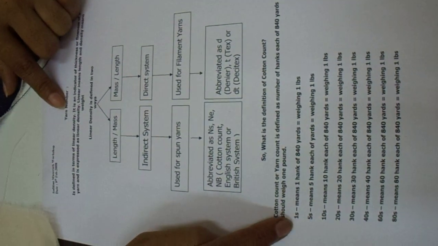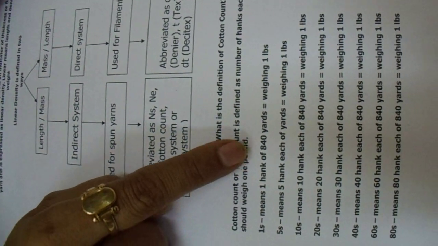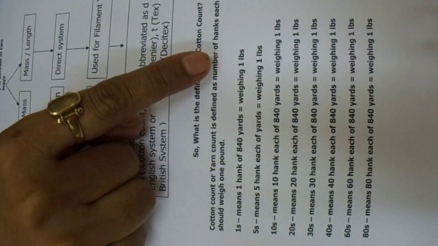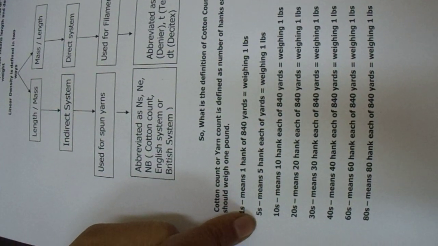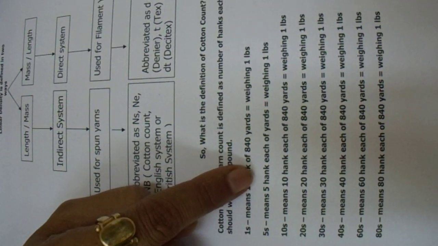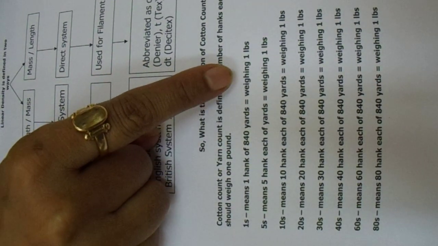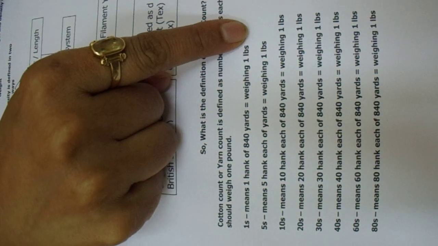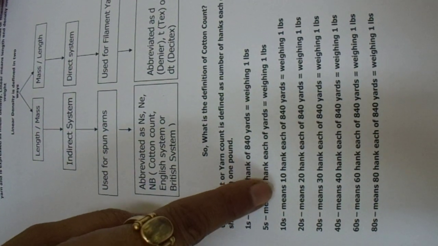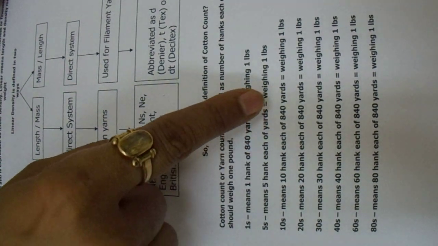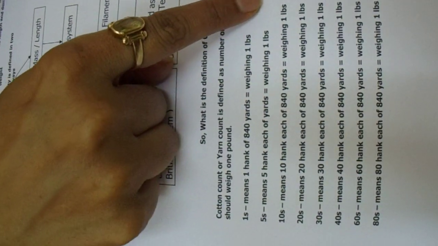If the yarn count is 1s, this means one hank of 840 yards is weighing 1 pound. If we say the yarn count is 5s, this means 5 hanks each of 840 yards is weighing 1 pound. If I say 10s, it means 10 hanks each of 840 yards should weigh 1 pound.